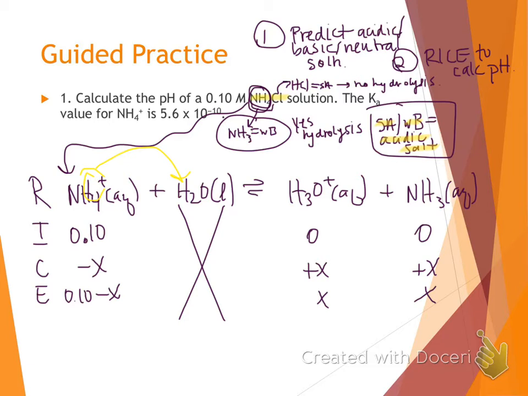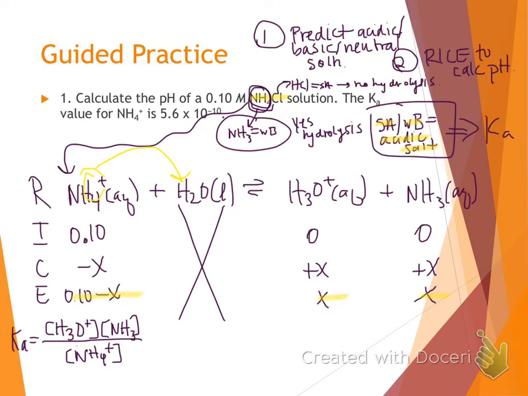Well, this is an acidic salt, which also means we have to do a Ka problem. So let's write our Ka expression. Once we have that Ka expression written out, we can go ahead and substitute in our equilibrium concentrations, as well as our Ka value the problem gave us.